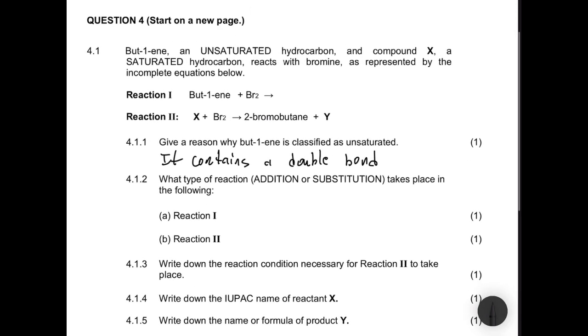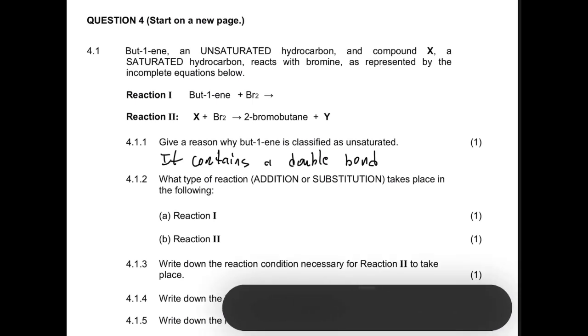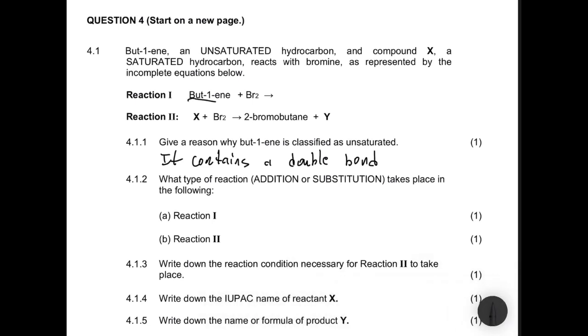Now let's move to 4.1.2, which asks what type of reaction, addition or substitution, takes place in the following. Reaction 1, we have but-1-yne plus bromine, right? Because this organic compound is unsaturated, it can only go under addition reaction. Now we can move to reaction number 2.